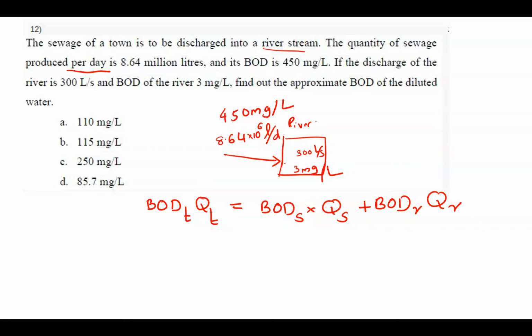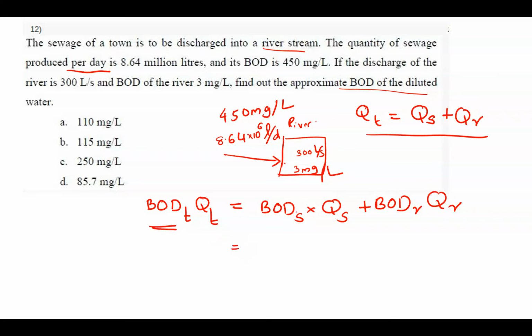So this is the equation. We put the values into the equation, and the final thing we have to find is the BOD of the diluted water. Also, one more thing you have to understand: QT, total flow rate, is equal to Q sewage plus Q river.